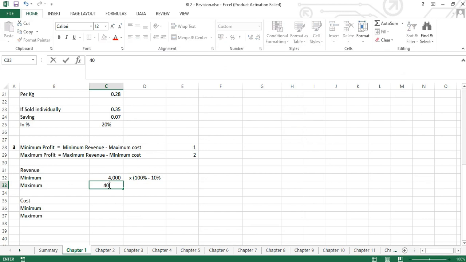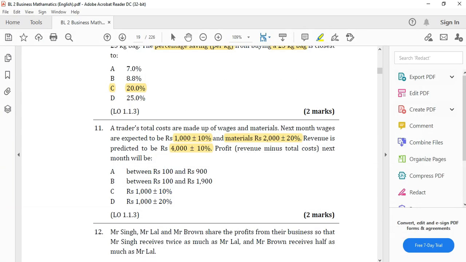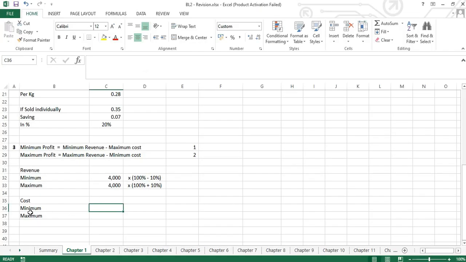Whereas the maximum amount will be 4000 multiplied by the same way, but the sign differs because it's an increase. So you make it a plus here. Same way for cost. Cost, well, there are two types, wages and materials, and they go at different rates.